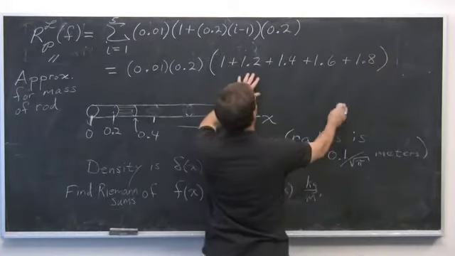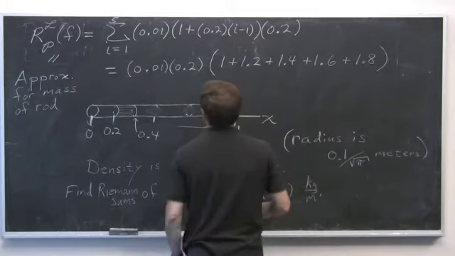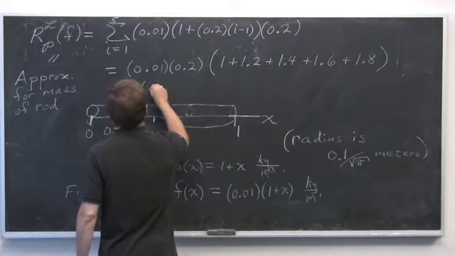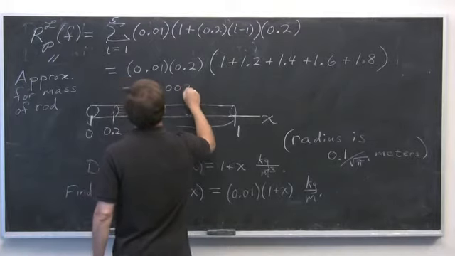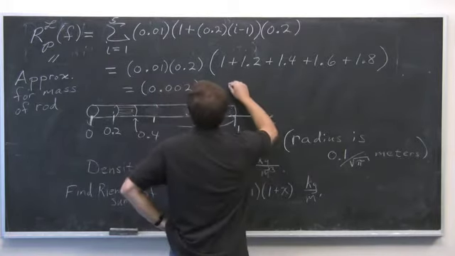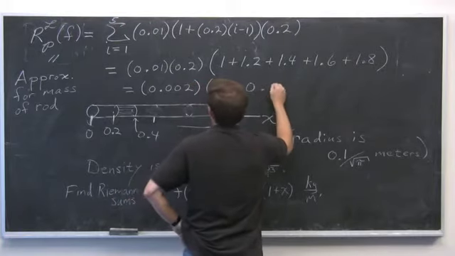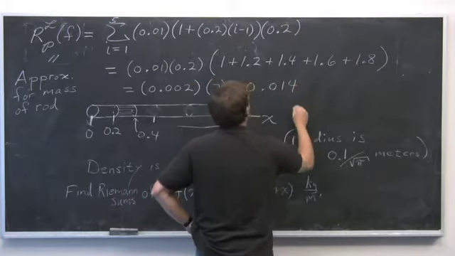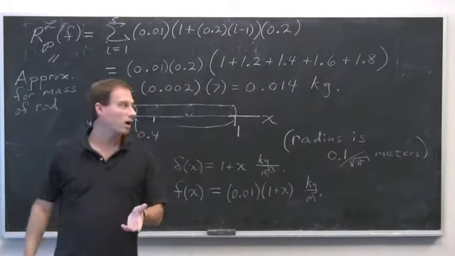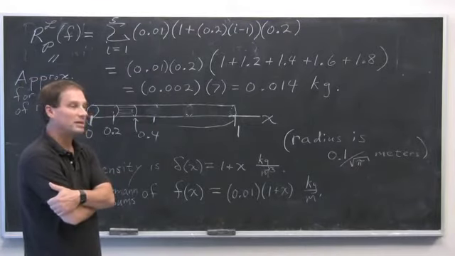What is this? Well, these two add up to 3. This adds up to 3, so that's 6, 7. So this is 0.002 times 7, so that's 0.014 kilograms. This is our approximation for the mass of the rod using subintervals of equal length and a left Riemann sum.